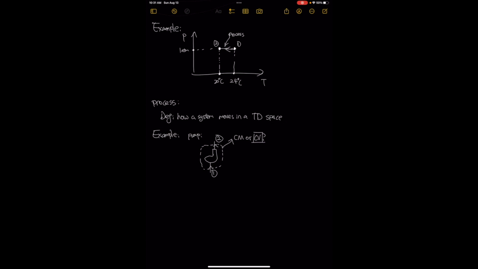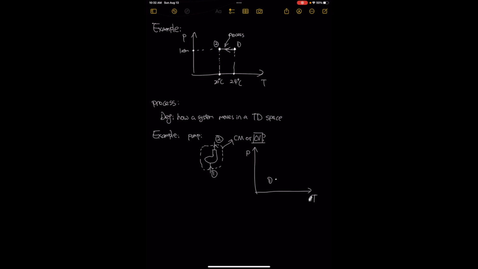Now, how does this process look in the thermodynamic space? Let's draw another PT diagram. Our state number one can be somewhere here, just a random dot. Because we pressurize the water and increase the pressure, typically the temperature might increase a little bit, but in this case, for simplicity, we ignore it.